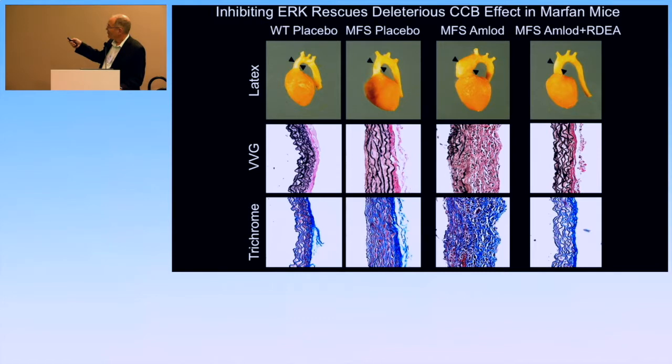If you give these mice calcium channel blocker plus the ERK inhibitor, the aorta doesn't simply go back to normal. It actually more resembles wild-type mice than it does Marfan mice that were treated with placebo, really suggesting that ERK is the dominant event, activation of ERK in Marfan mice.